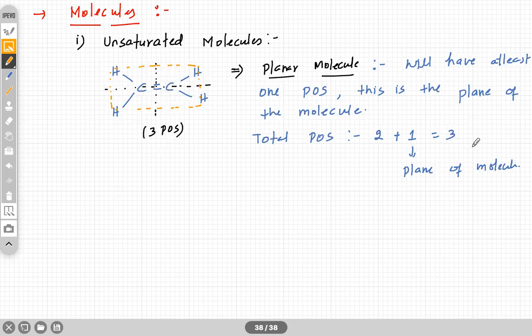Okay, so whenever you have a planar molecule, it must have the plane of symmetry with it, right? Sometimes they ask you to find out the number of POS present, right? To identify the optical activity, you just need to know whether the plane of symmetry is present or not.